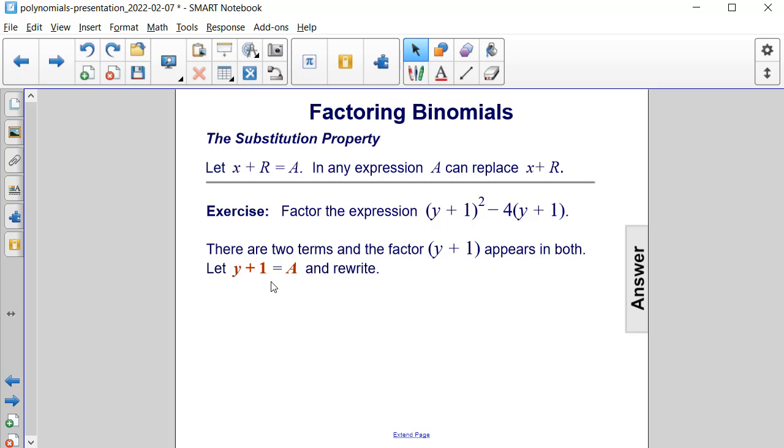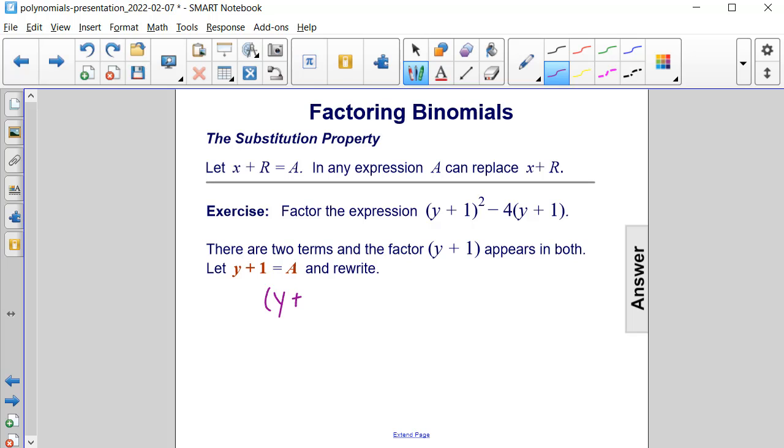So we're going to let y plus 1 equal capital A, and we'll rewrite this expression in terms of A. So we start off with (y plus 1) squared minus 4 times (y plus 1). Notice we have that A value equal to y plus 1, so let's replace that. So we will have A squared minus 4A.